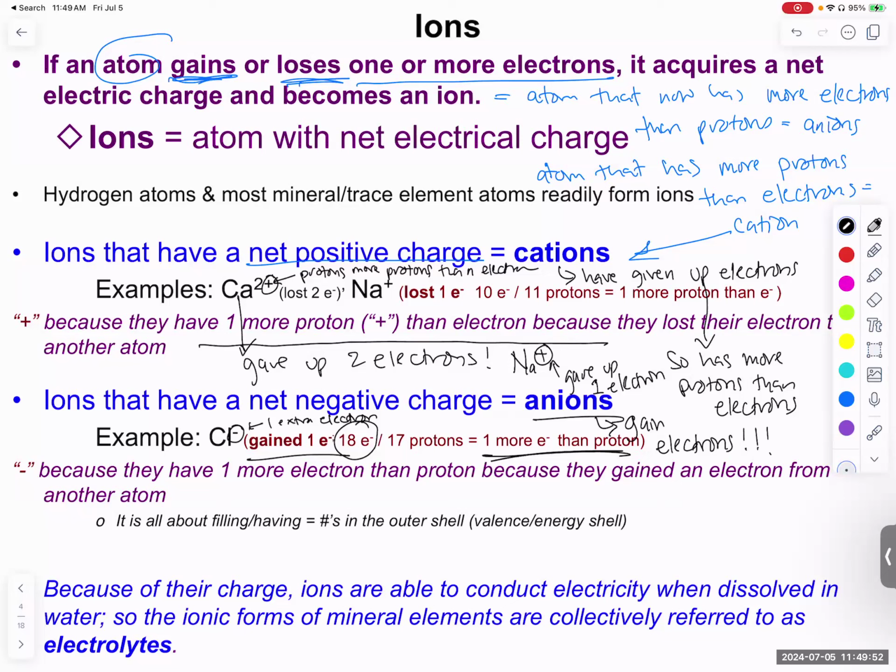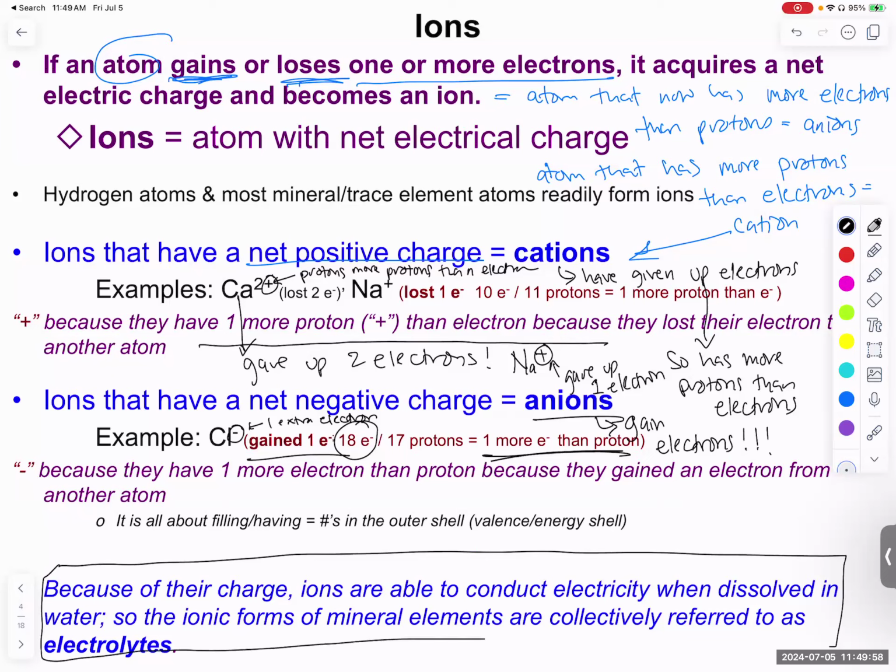These become charged particles, and because of their charges, ions can move, right? So if you have a membrane here and you have a bunch of anions on one side and a bunch of cations on the other, and you were to open up this membrane, the pluses and minuses are going to move towards each other because there's an attraction.